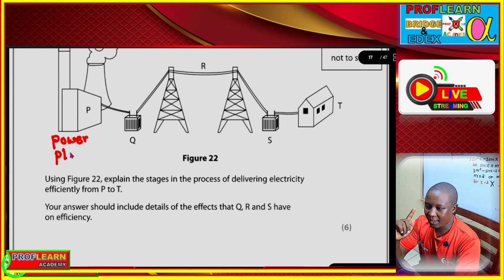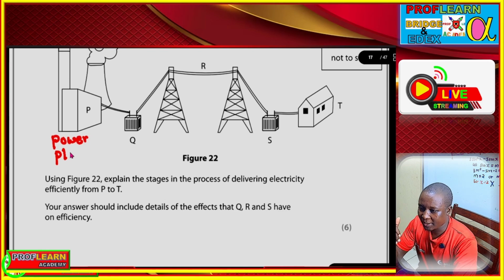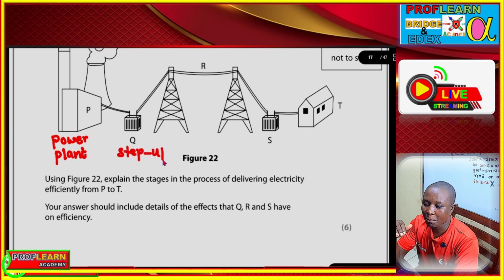What we are focusing on is the process of electrical generation, where there are different features that are going to take place. Number one is that after electricity has been generated in the power plant, the voltage has to be stepped up. So Q is a step-up transformer.